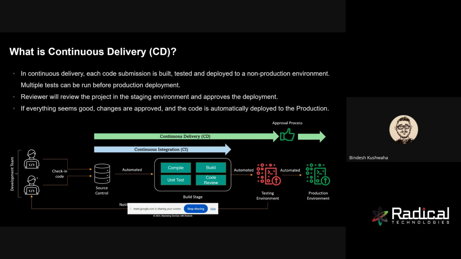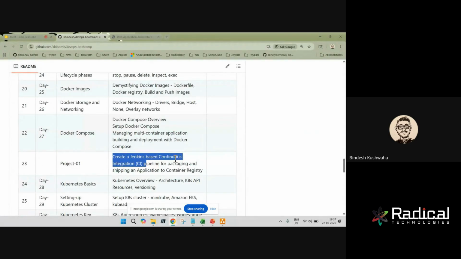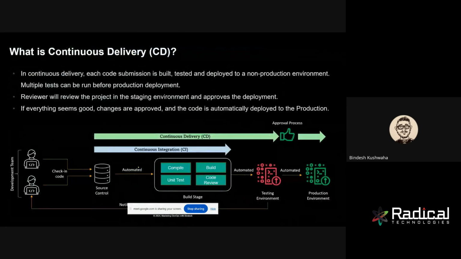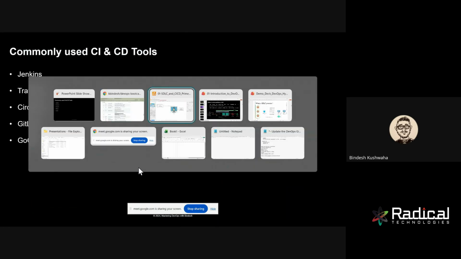You can simply download them from my GitHub repo and use them for your learning purpose. So we will integrate Docker with our Jenkins pipeline. The pipeline would look something like this.